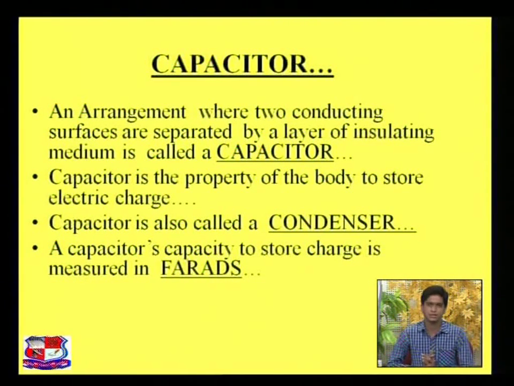It has the ability to store charge, and after that we can put the capacitor in any application. Sometimes we call a capacitor a condenser. A capacitor's capacity to store charge is measured in farads. So normally the unit of capacitance is farads.